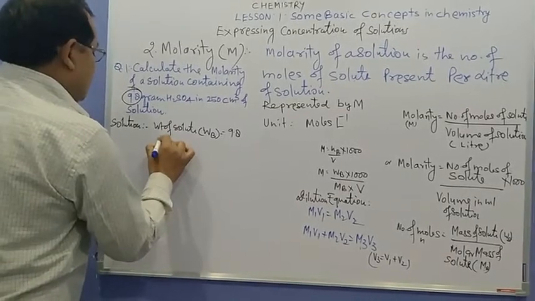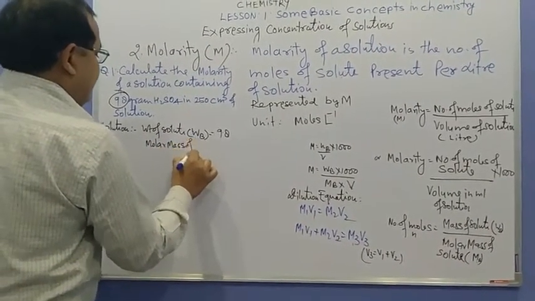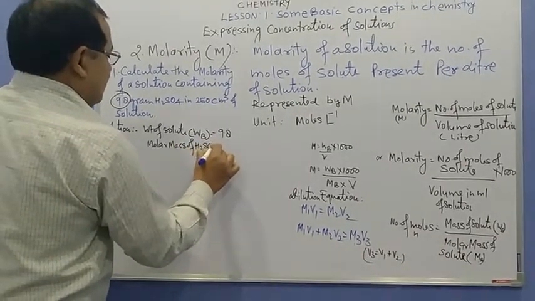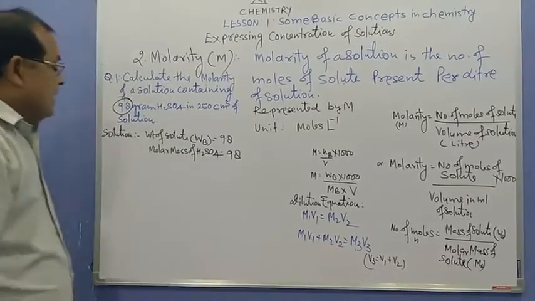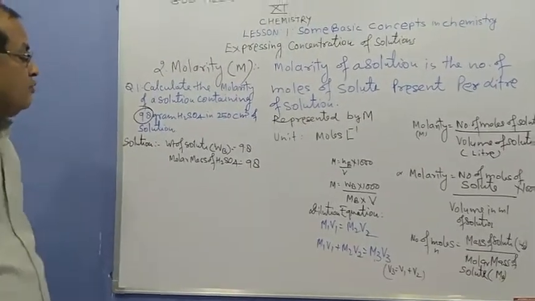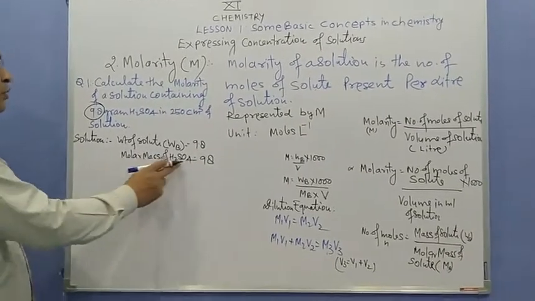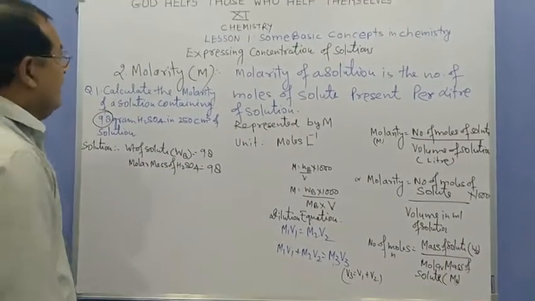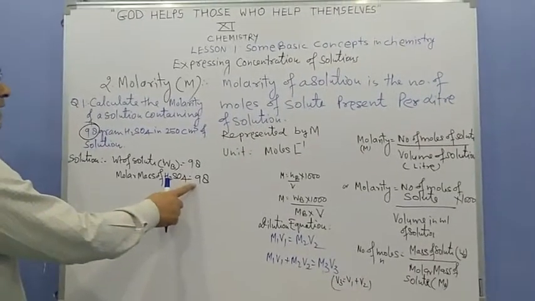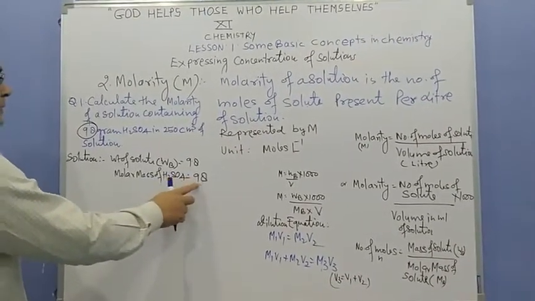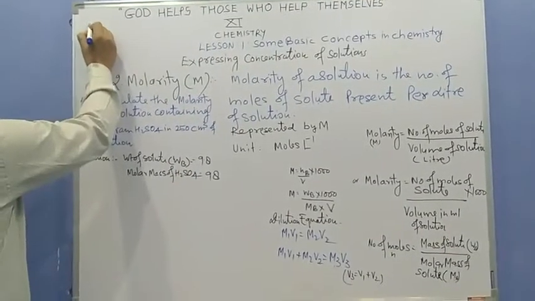Now the molar mass of H2SO4 will be equal to 98. Already you know the molar mass of H2SO4. How to find out the molar mass of H2SO4? If anybody has any doubt about the molar mass of H2SO4, they can see here. This is H2SO4.